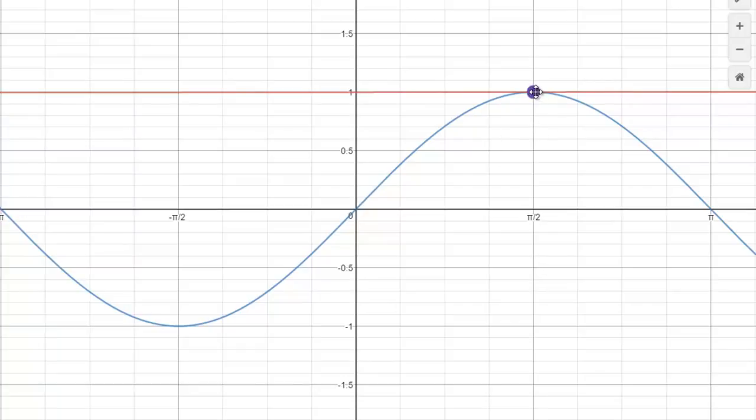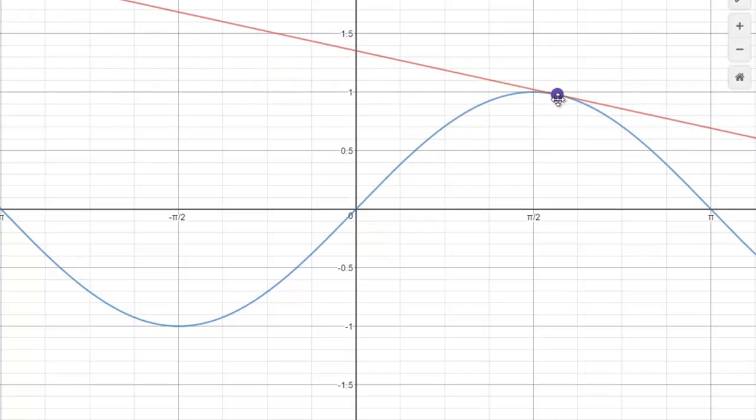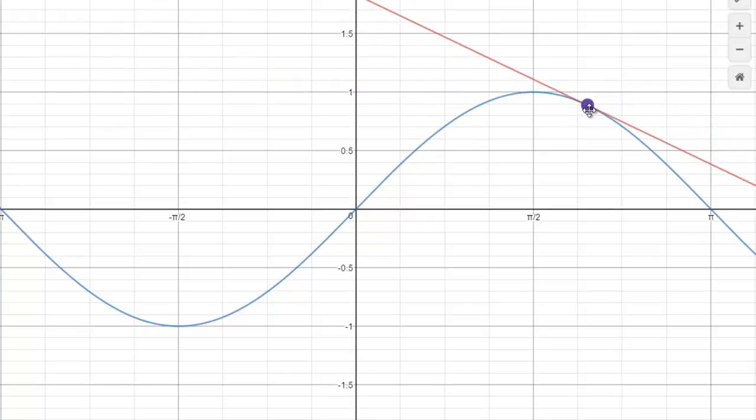Now let's just observe what's going on here. So notice just what a tangent line looks like. Now there's different ways to think about a tangent line. You could say something like it is a line that just touches a curve at a single point.